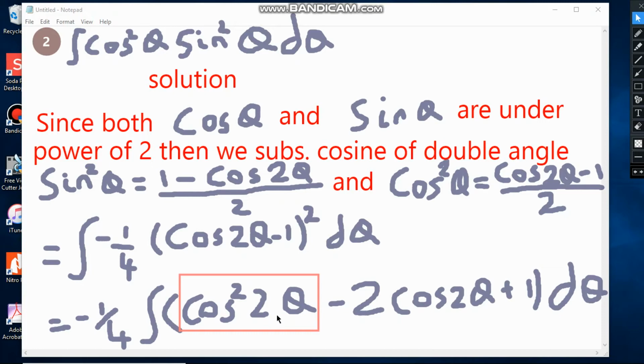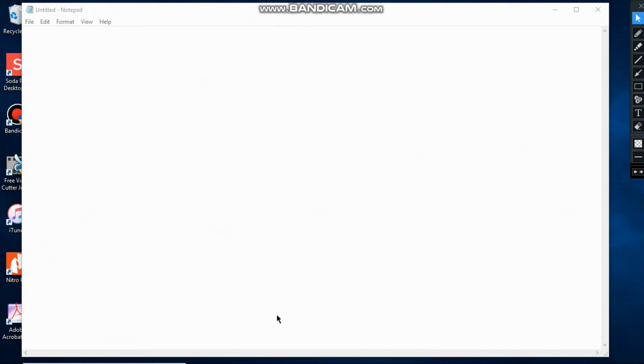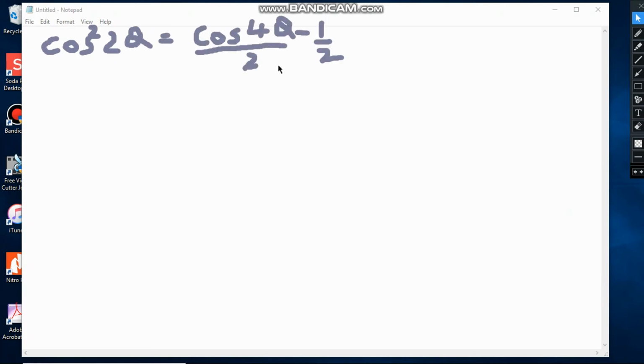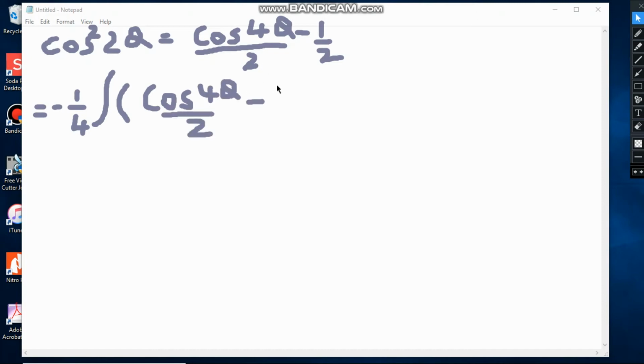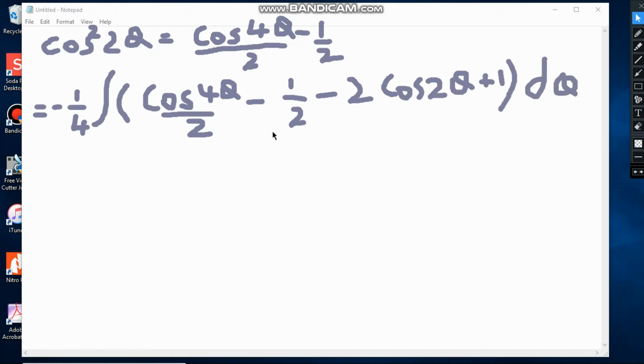So we have the following. Cos square of 2 theta is equal to cos of 4 theta plus 1, all over 2. So when I substitute back, I have negative 1 over 4 outside the integral bracket, where there is cos square of 2 theta, I have cos 4 theta over 2 plus a half, minus 2 cos 2 theta plus 1 d theta.